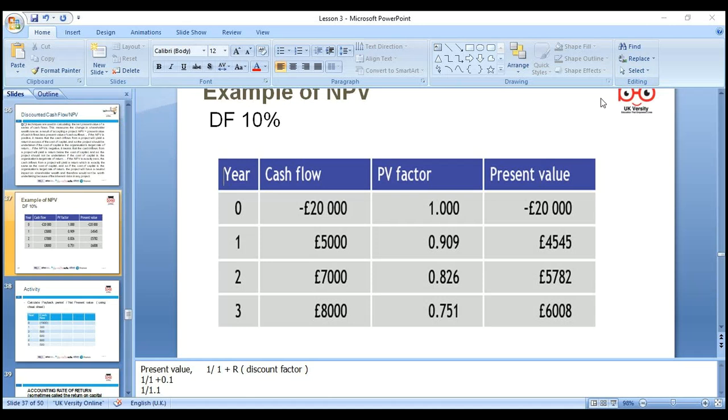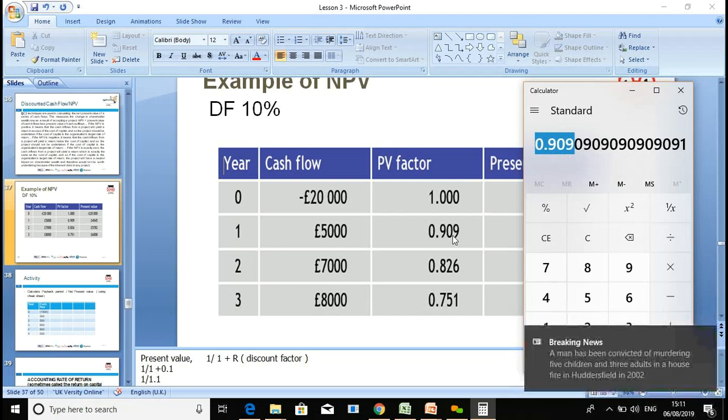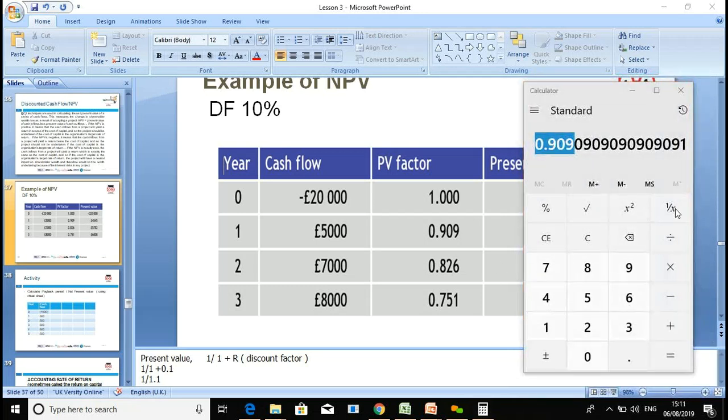Can you see my calculations now? 1 divided by 1.1. My answer will come 0.909. So it means £1 value will be 0.909 after 1 year.